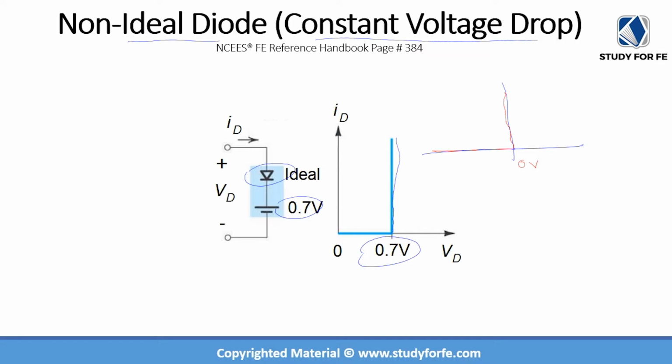The only difference is that when analyzing circuits, rather than using 0 volts, you have to use 0.7 volts. This is called the non-ideal constant voltage drop model of the diode. We will go through a bunch of examples now to make use of this method to analyze diode circuits.